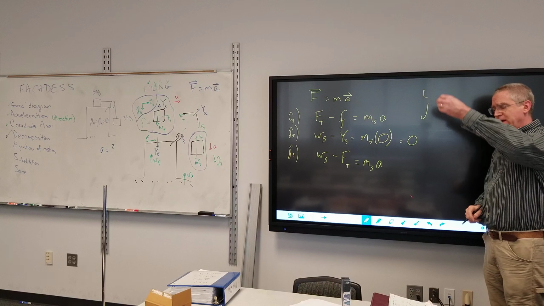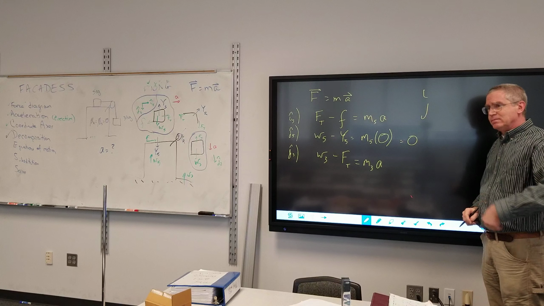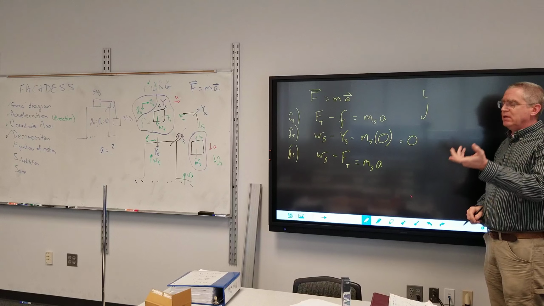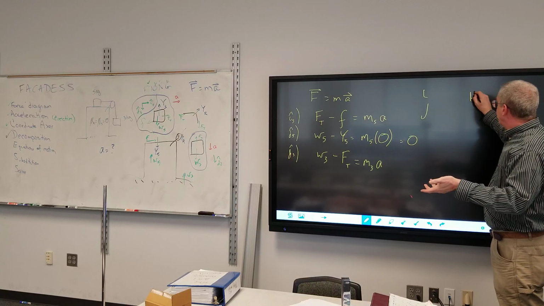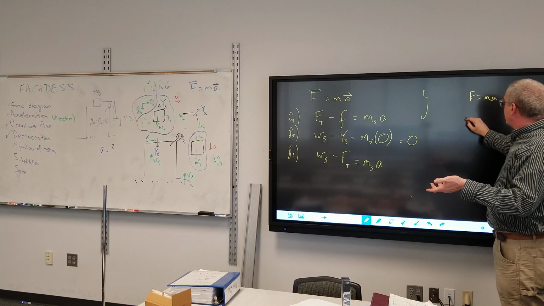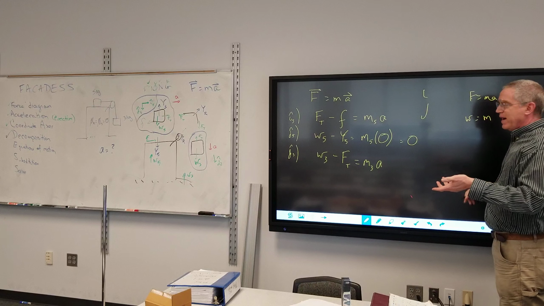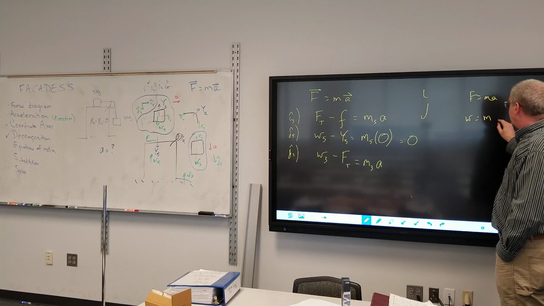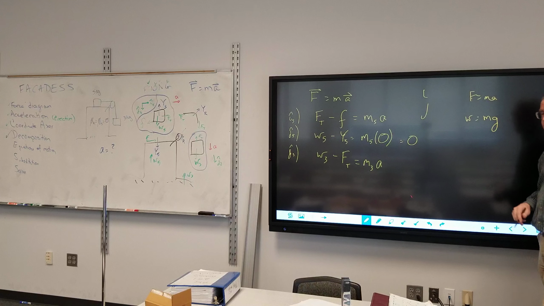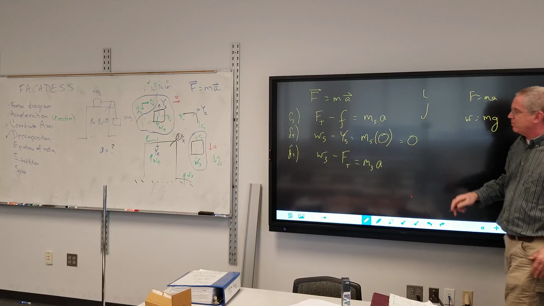Based on F equals ma, if I take an object and drop it, the only force acting on it, ignoring air resistance, is the weight. So if I plug F equals ma into that situation, weight is equal to the mass times acceleration due to gravity. This is the independent formula, so we would make that substitution.